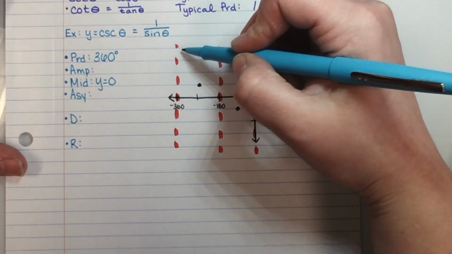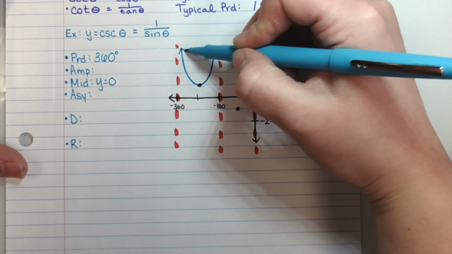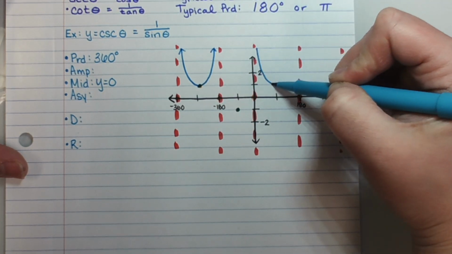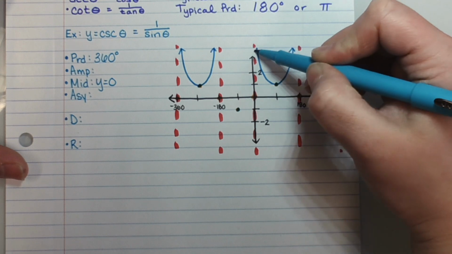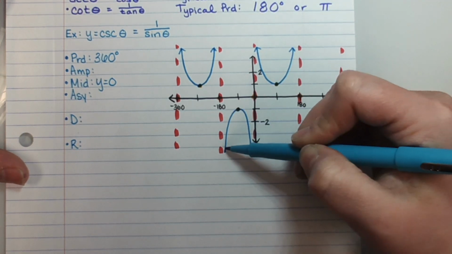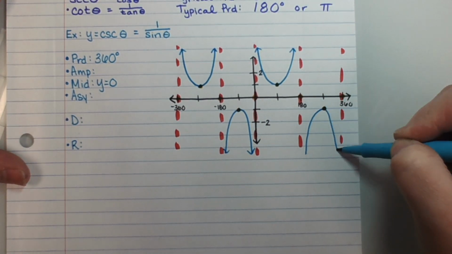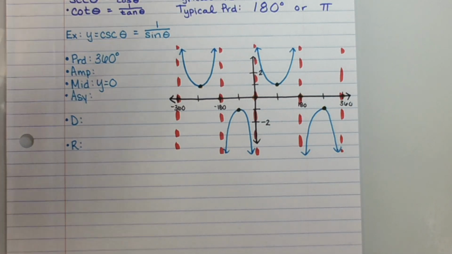The cosecant graph looks like this. Where sine hits its maximum, it hits its minimums. Where sine hits its minimums, it hits maximums. And by maximums and minimums, I mean relative maximums and relative minimums.